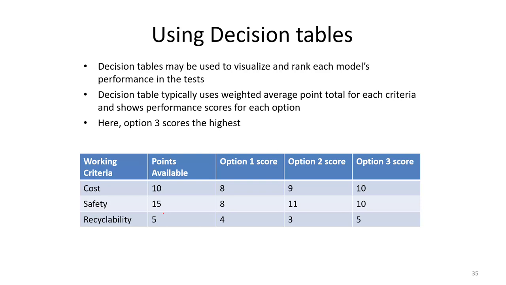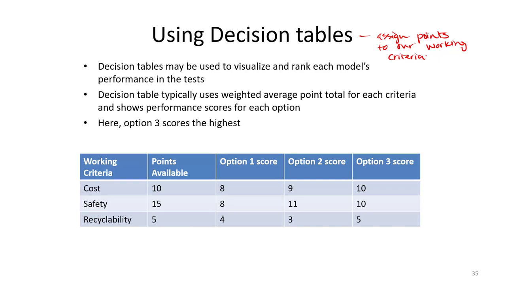The idea with a decision table is we assign points to our different working criteria. So essentially what we're trying to do is visualize and rank how each model performed in our different tests.